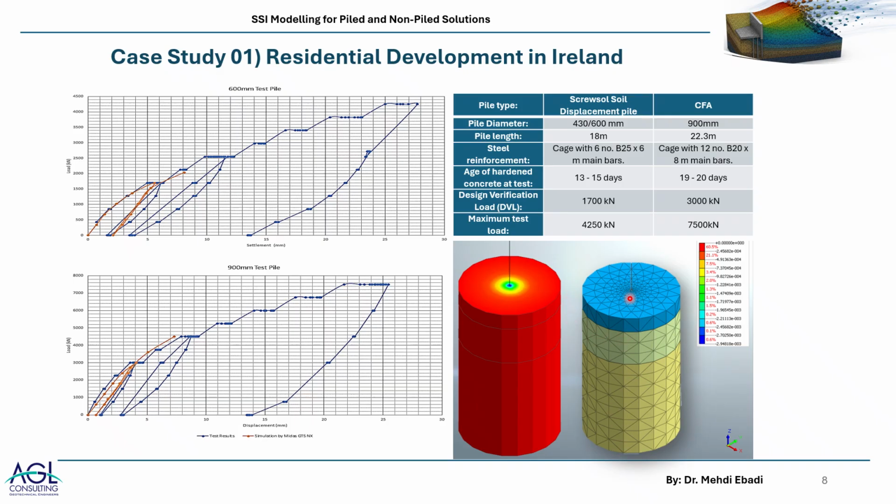This is for one of the models. Based on the stratigraphy that we had in that project, we set up the model and got the results. The stratigraphy was generally alluvium over sands and gravels, and then over limestone.